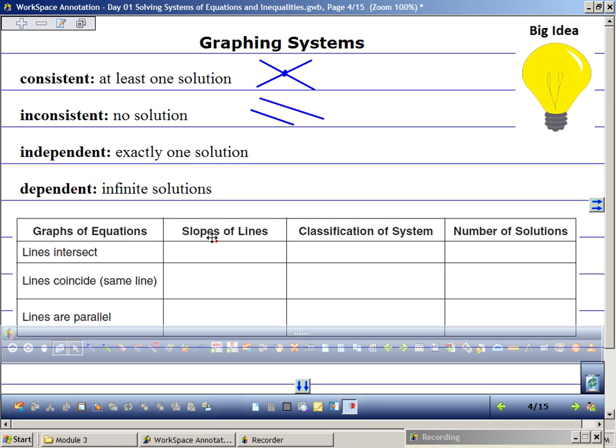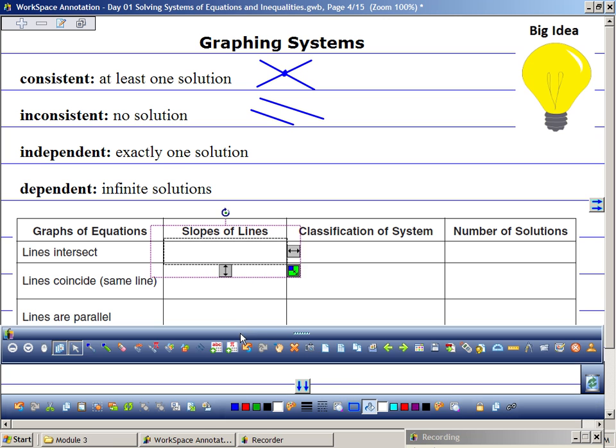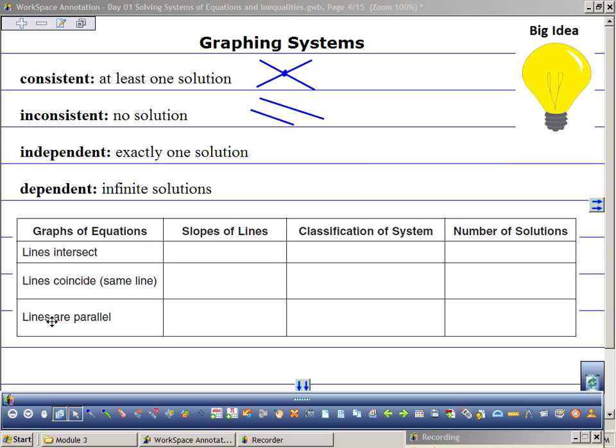Okay, so lines that intersect, what do we know about their slopes? If it's intersecting lines, what do I know about their slopes? That would be perpendicular lines. Okay, let's talk about parallel first.